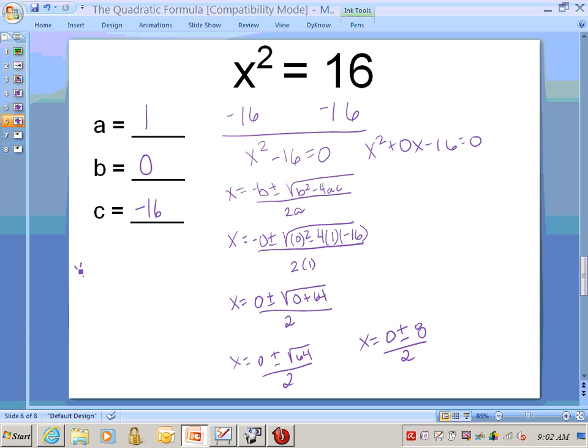Okay, so I've got x equals 0 plus 8 divided by 2. X equals 0 minus 8 divided by 2. So this one is x equals 8 divided by 2, which is 4. X equals negative 8 divided by 2, which is negative 4.